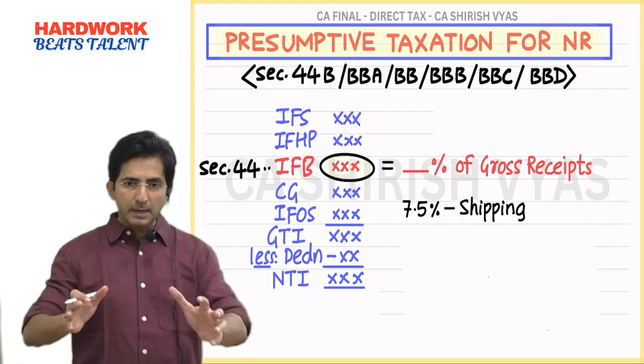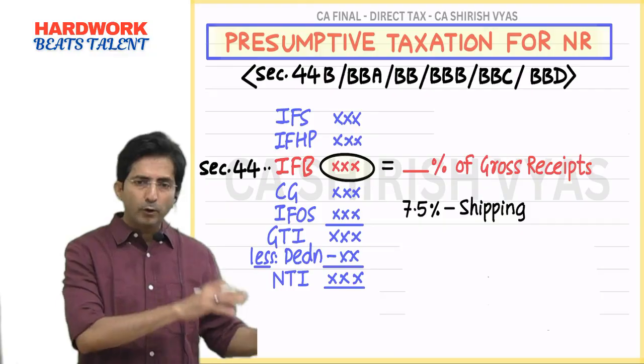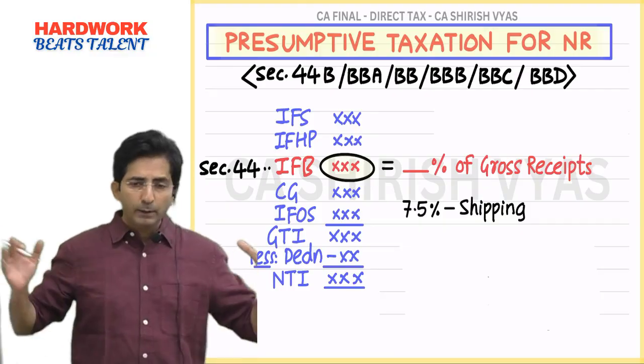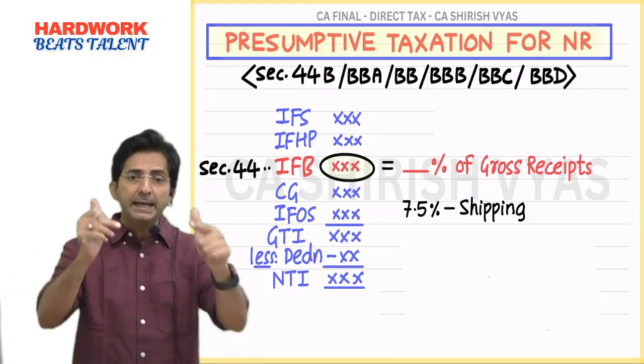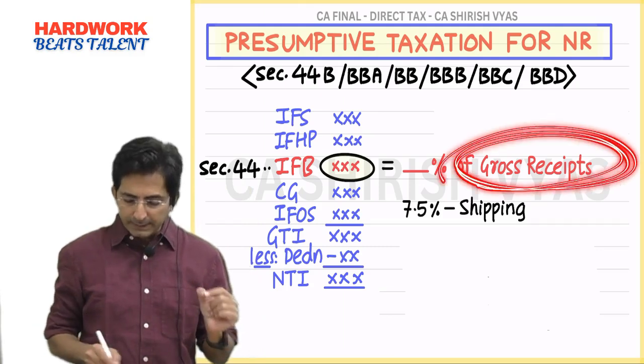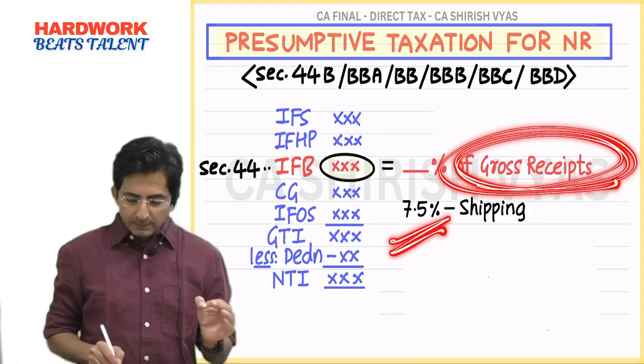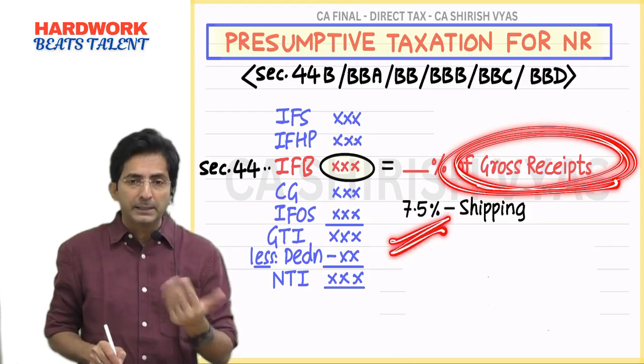It means his ships are sailing from India to foreign, foreign to India. And whatever collection he gathers in India, all his gross receipts, out of that 7.5% will be assumed as profit.